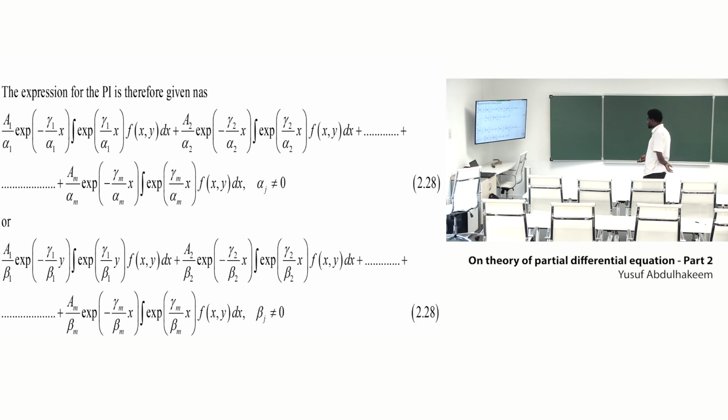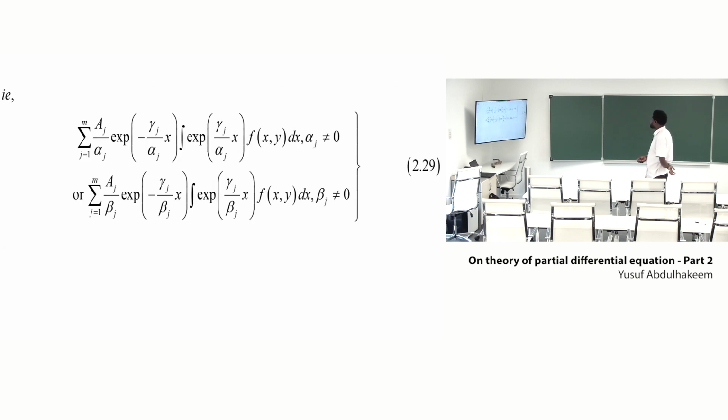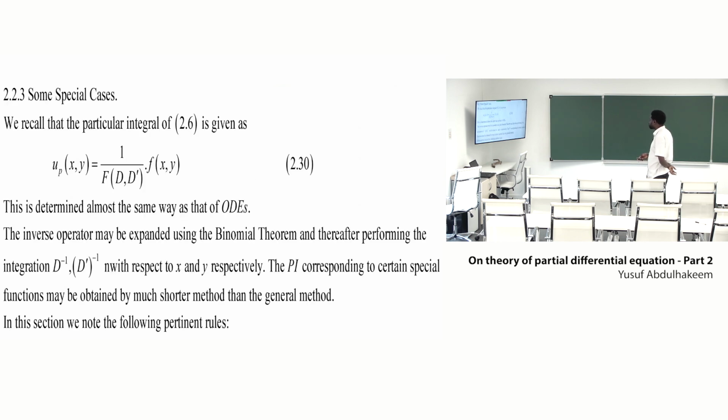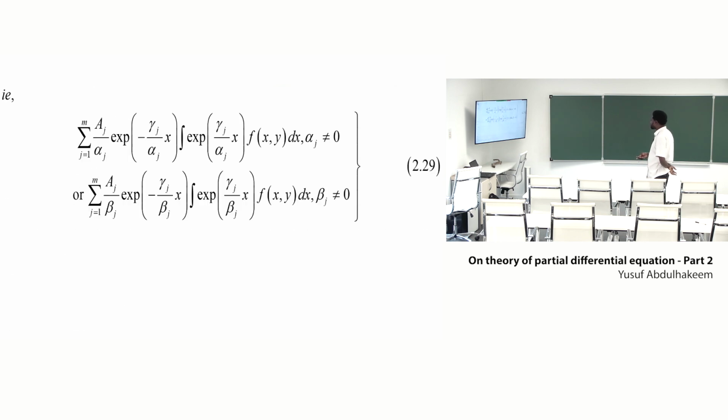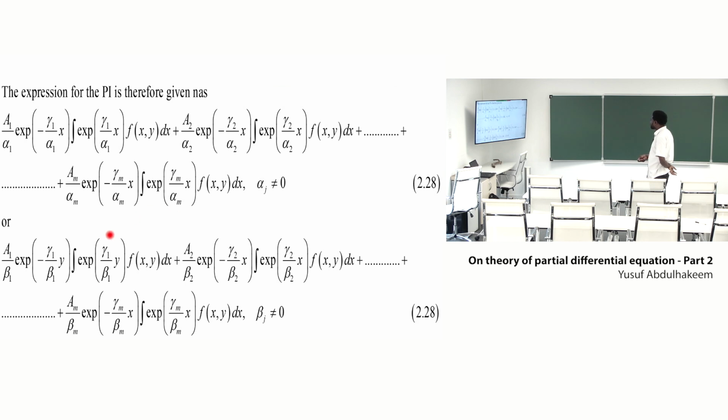Of course, if it is just a second order differential equation, it's not going to be as long as what we have here, or even the first order is not going to be as long as what we have here. But in this case, we are just talking about a general situation. By the time we put everything together, we are going to do it both ways. We are going to do it for the first pair, and then we also do it for the second pair.